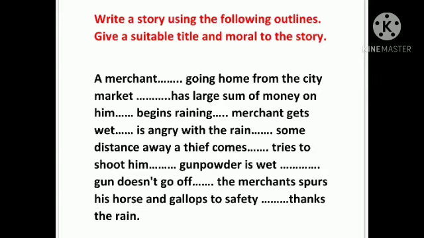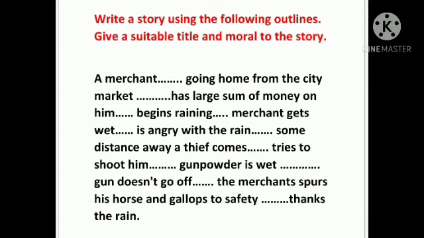Now, let us carefully read the outline of the story given on page number 56. A merchant going home from the city market has a large sum of money on him. Begins raining. Merchant gets wet. Is angry with the rain. Some distance away, a thief comes.